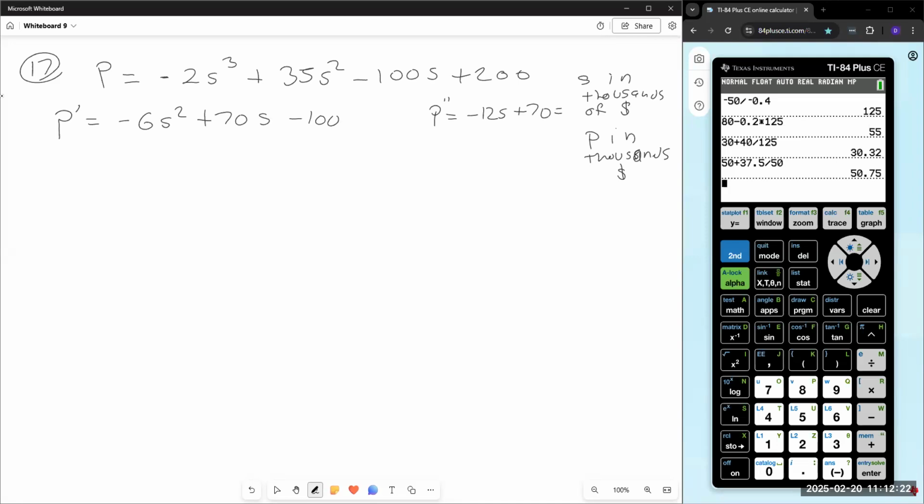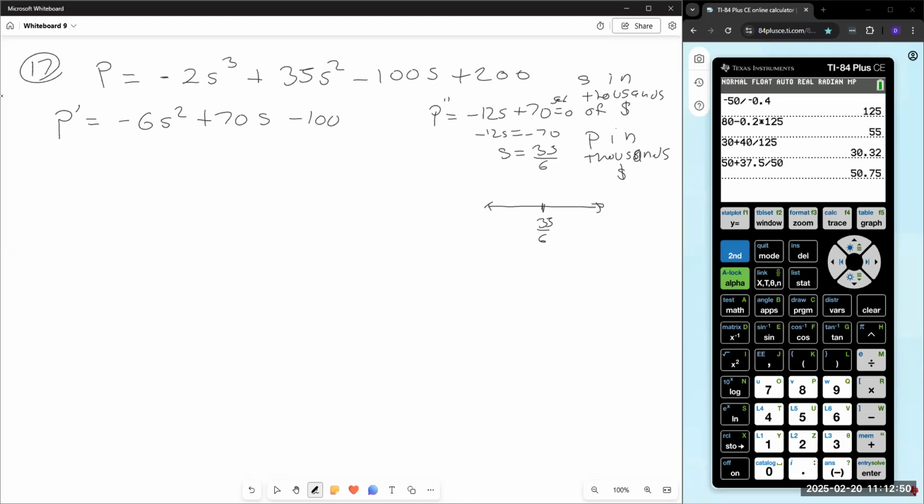When I set that equal to 0, negative 12s equals negative 70, so s equals 35/6. That's where I switch. I'll be interested in that number in just a second.